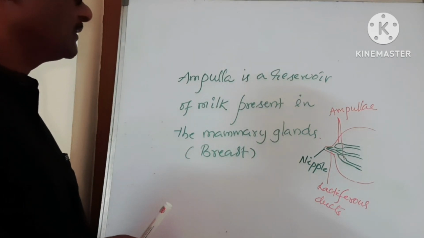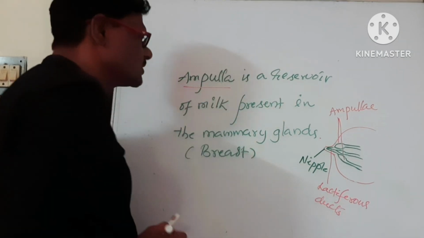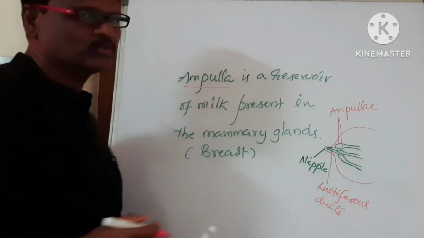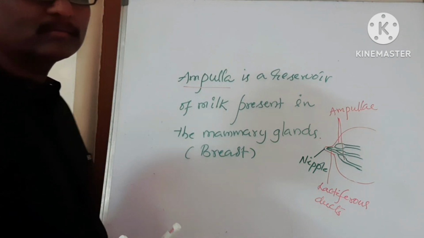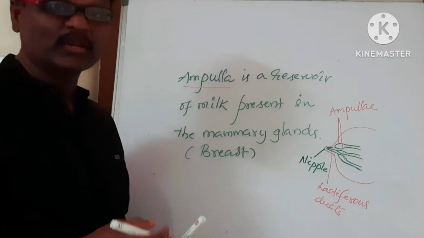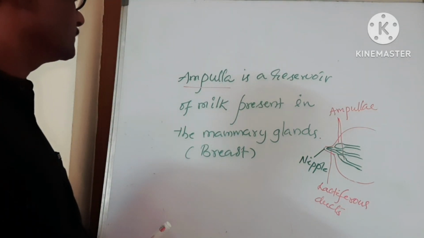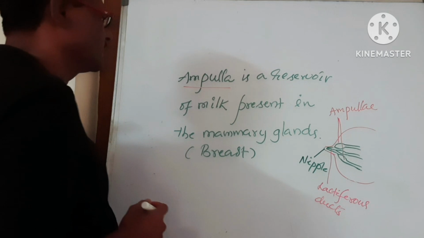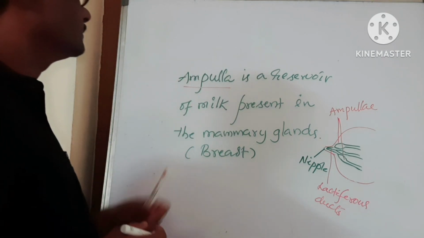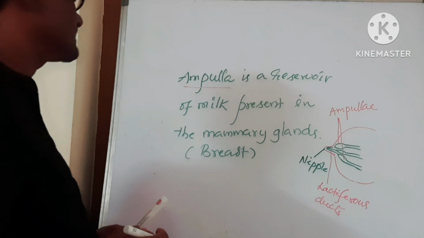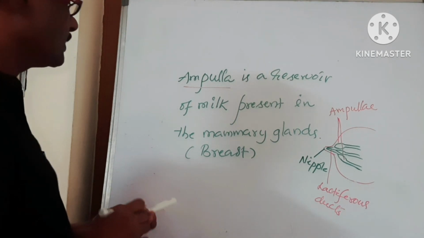Okay. So here the word is the same. It's also an example of homonyms. Already mentioned, homonyms have the same spelling, pronunciation, and also different meaning. So this is the third context in which I have been using the word ampulla. Ampulla is a reservoir of milk present in the mammary glands. Do you want to write the plural?